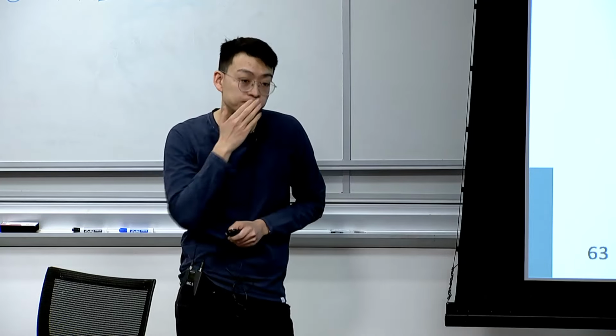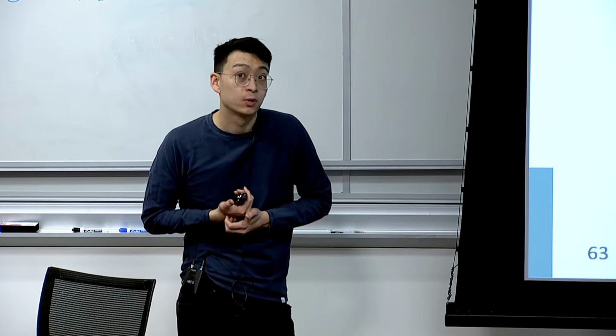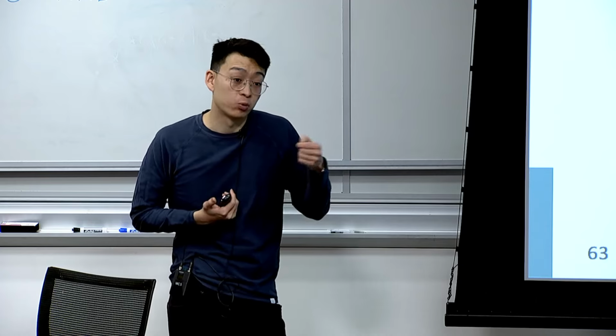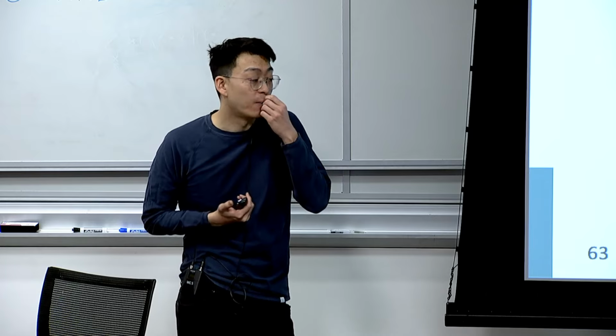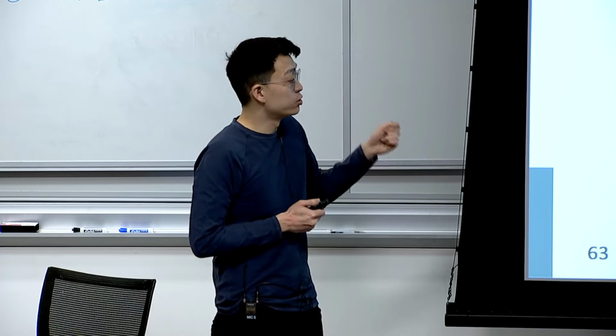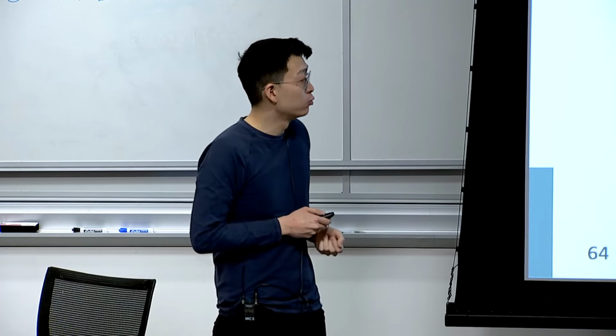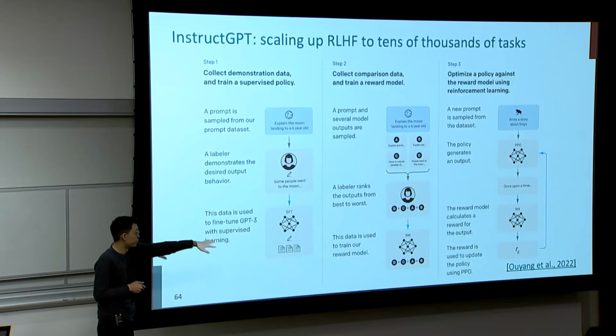For the samples for the human rewards, did they come from the generated text from the language model, or where does that training sample come from? For training the reward model? It's a good question. Where do the rewards come from? There's an iterative process you can apply where you repeat steps 2 and 3 over and over again.